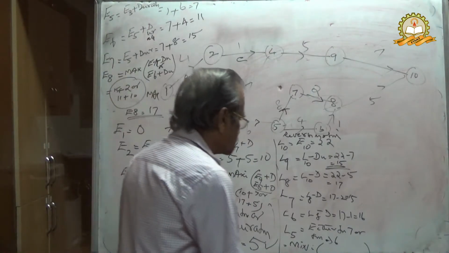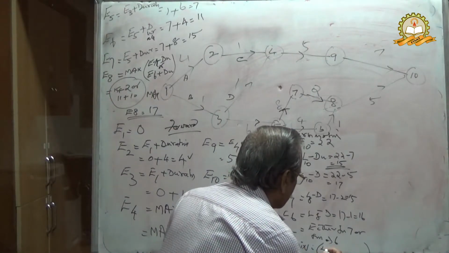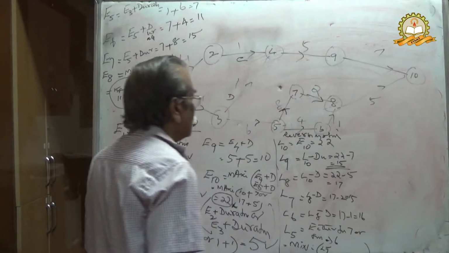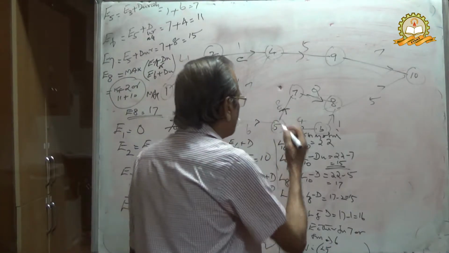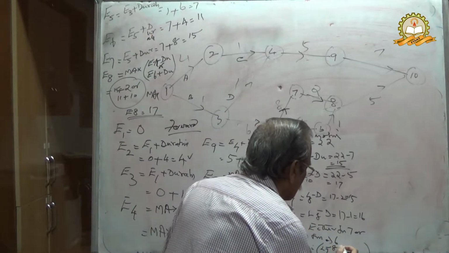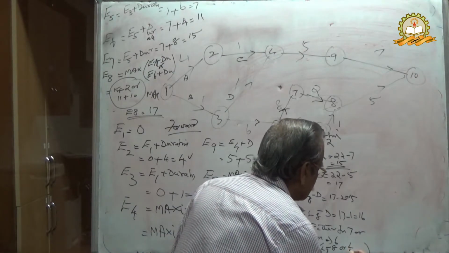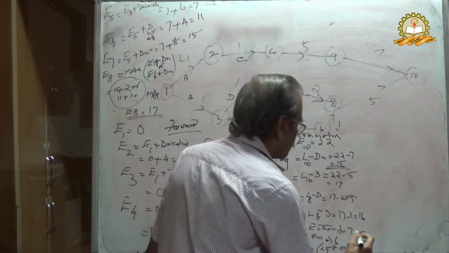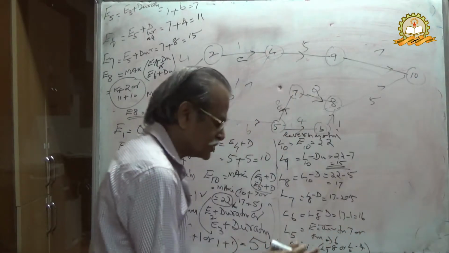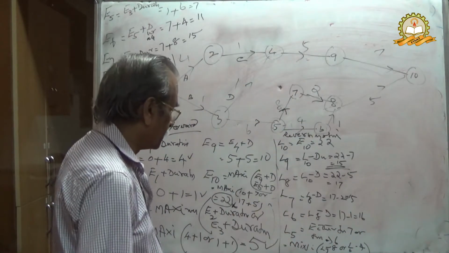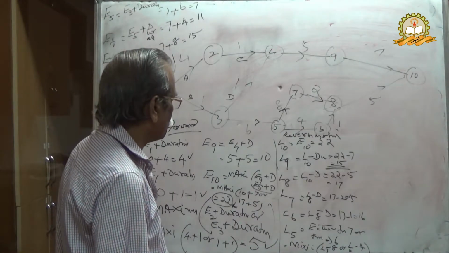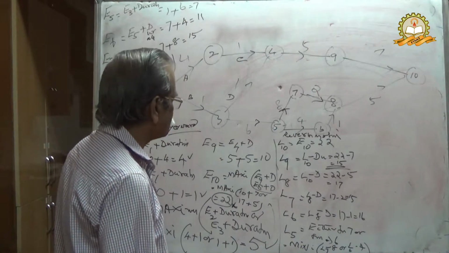L7 minus duration 8 or L6 minus duration 4. Reverse process, therefore you take minimum of L7 minus 8 or L6 minus duration 4.